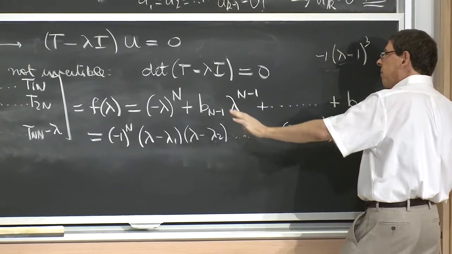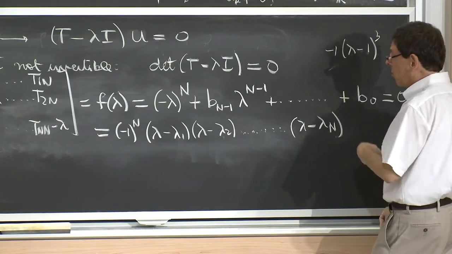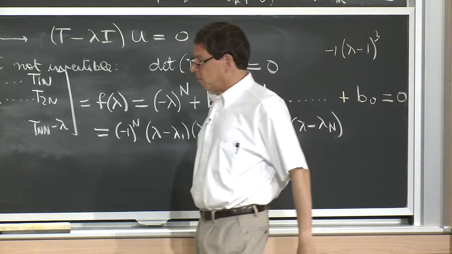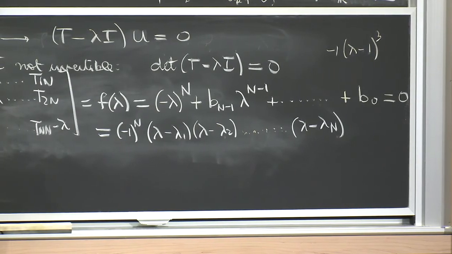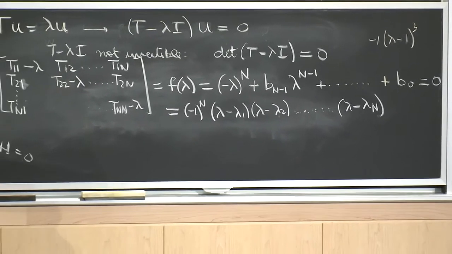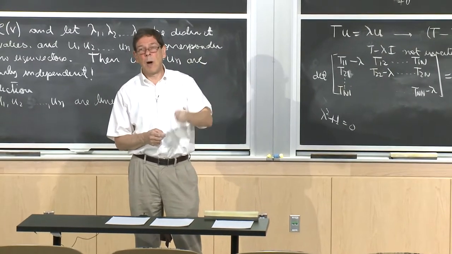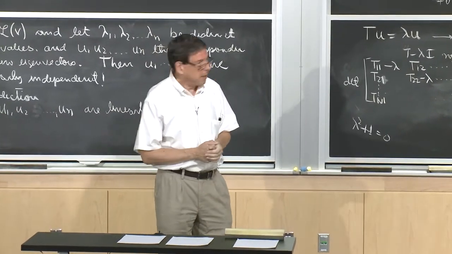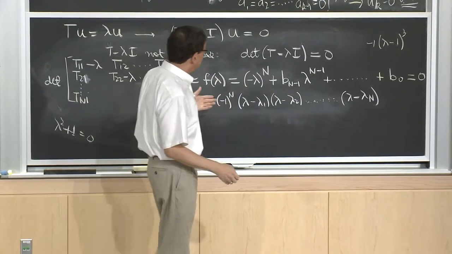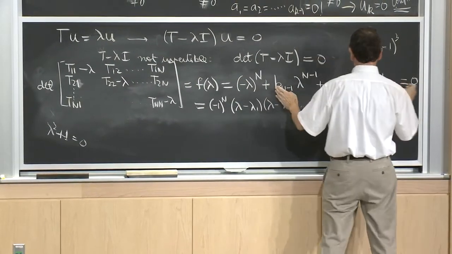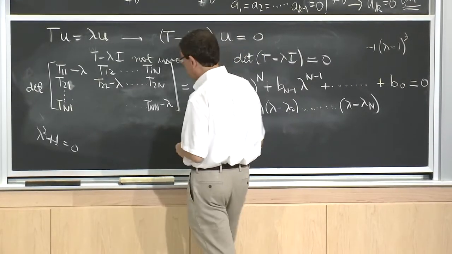So in general, if it's an n by n matrix, you may have n different ones, but for n equal 10, you may have 3 different ones, a few pairs, and maybe one that appears 3 times. Anything can happen. But the good thing is that you always have at least one eigenvalue, because this equation at least has one root. And it has just one root, for example, when all of these terms vanish and you have lambda to the n equals 0, then the only root is 0.